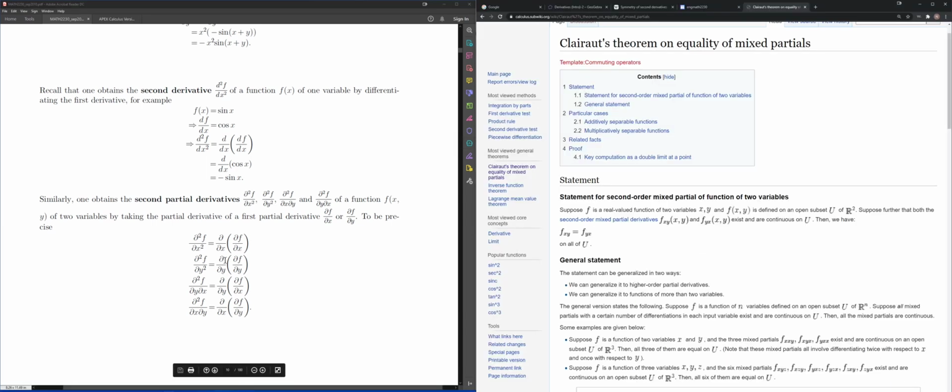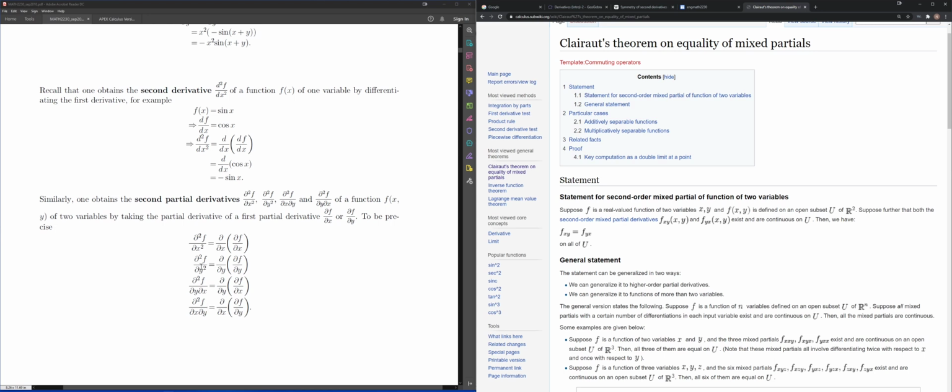These are mixed partials: this is when you differentiate with respect to x first then y, and here this is when you differentiate with respect to y first then x. As I mentioned, in this class, all the time for us, these are going to be equal to each other.